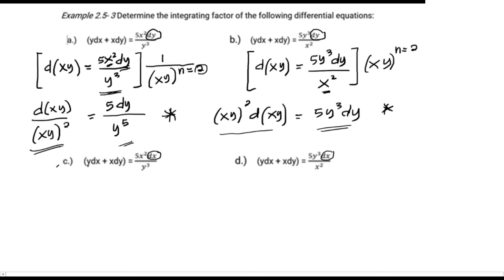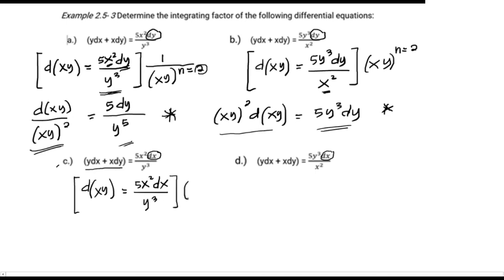Similar to letter A, in our solution, we are going to substitute the equivalent of this exact expression, that is the differential of xy, and that is equivalent to 5x squared dx all over y cubed. By this time, we are going to eliminate y.